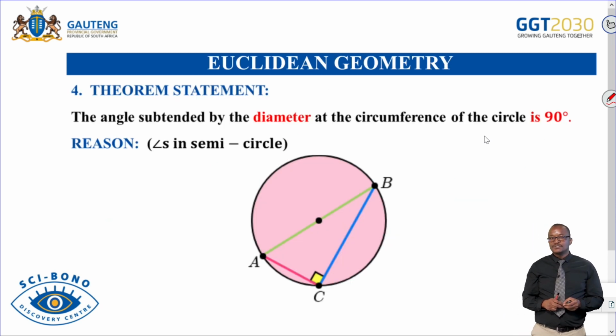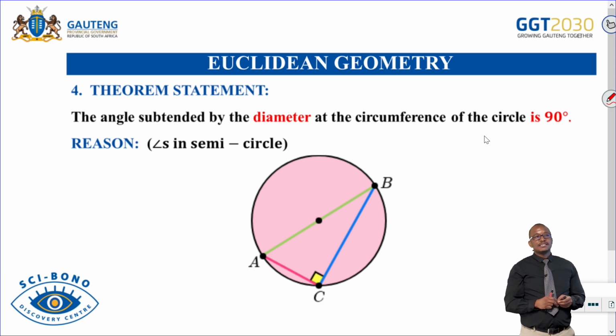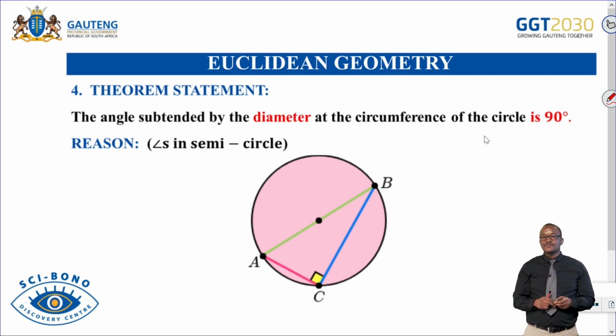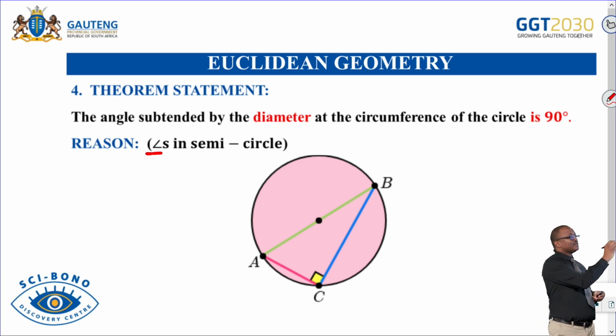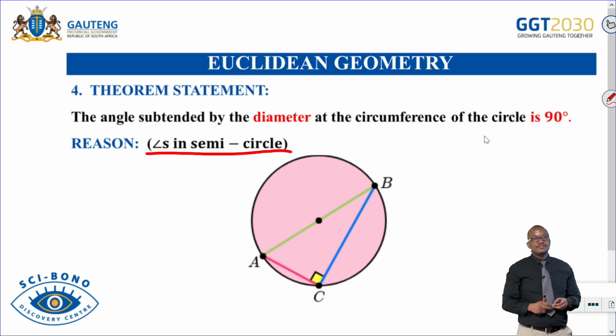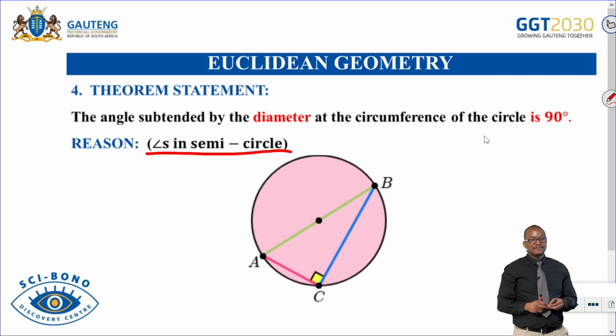Now, let's look at our third theorem statement. It says the angle subtended by the diameter at the circumference of a circle is 90 degrees. So the reason there, we're going to say it's angles in a semicircle.